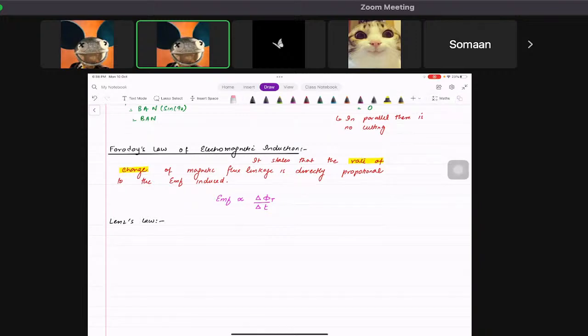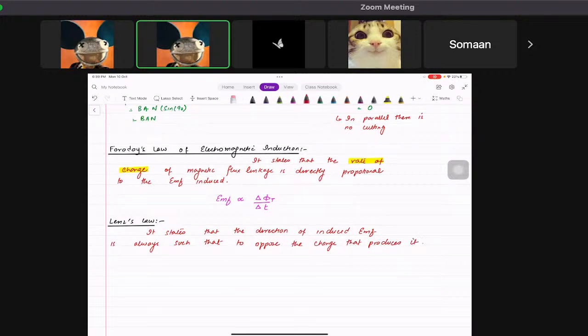And Lenz's law improves on what Faraday has said, because it states that the direction of induced EMF is always such as to oppose the change that produces it. Now, this is kind of a complex law, but we're going to learn what it means in a bit, okay?